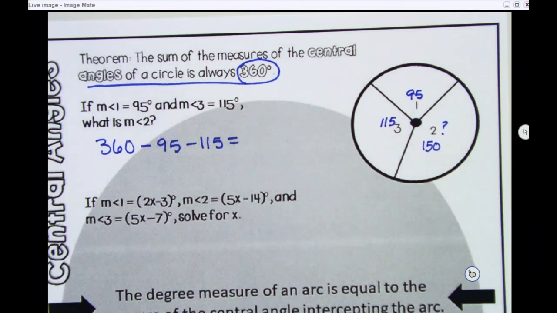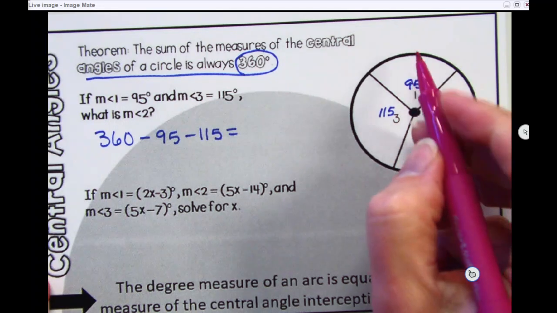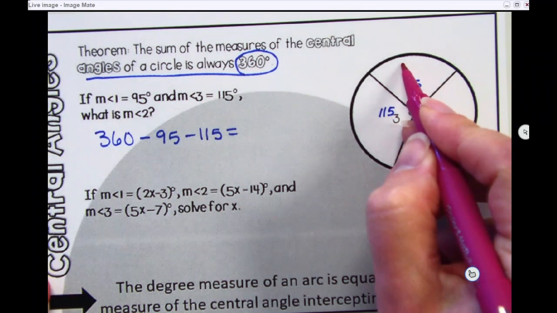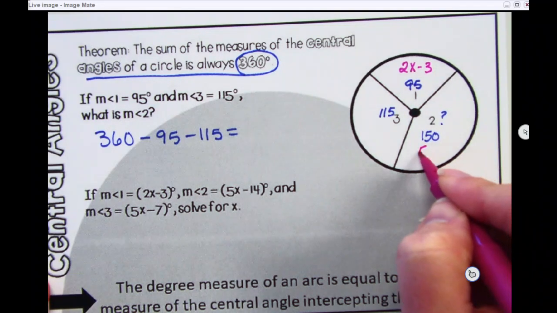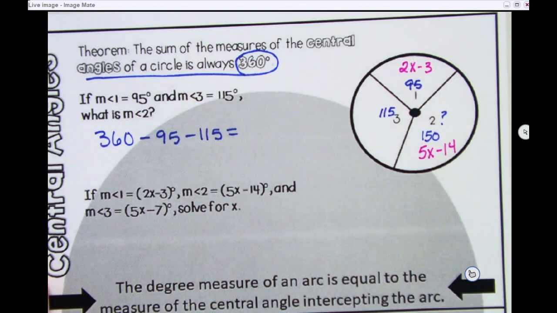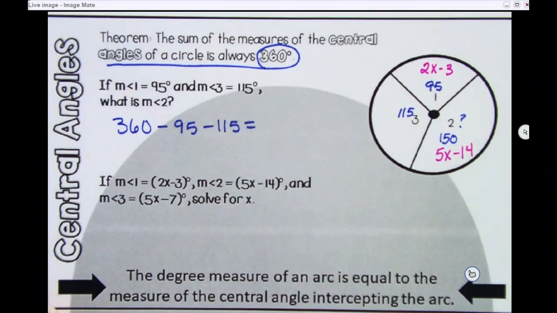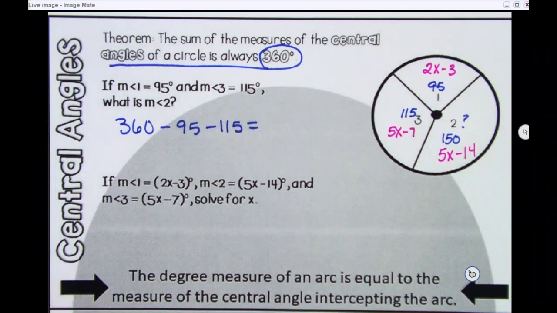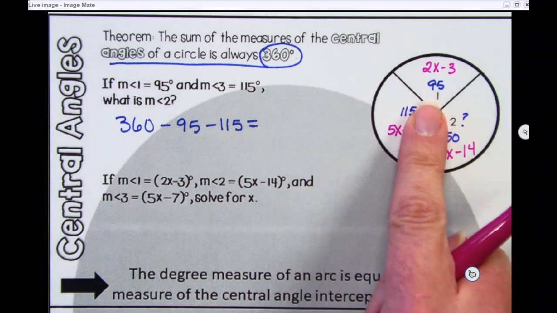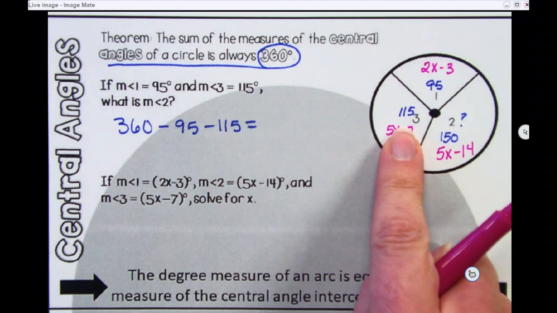Wow, the next one makes us work a little harder. This time it says angle 1 is 2x minus 3, angle 2 is 5x minus 14, and angle 3 is 5x minus 7. And it wants us to solve for x. So I've got to be able to make an equation. I have 3 angles, and what do I know all of those 3 angles add up to be together? 360.